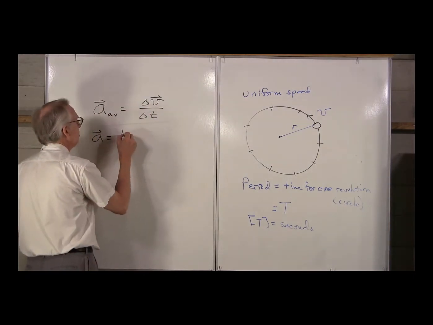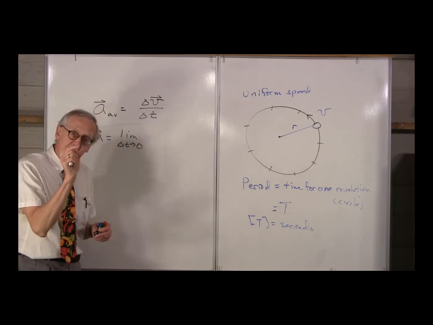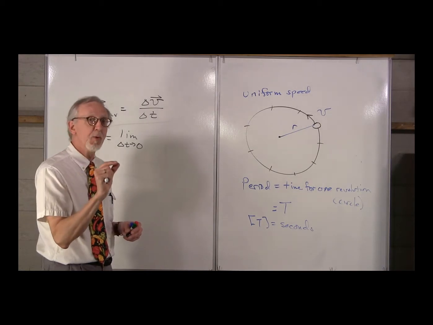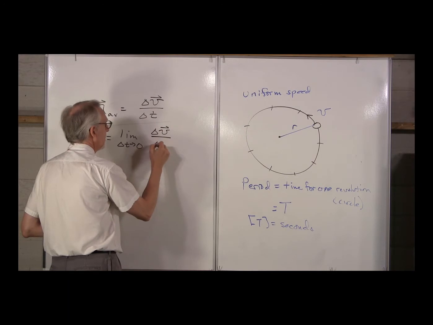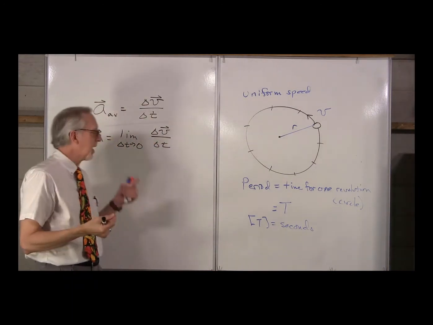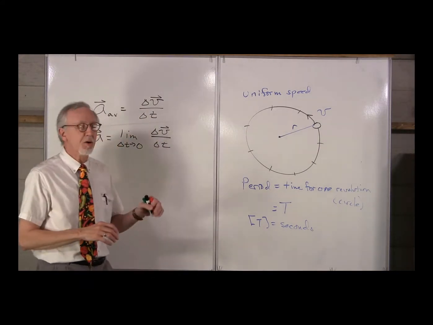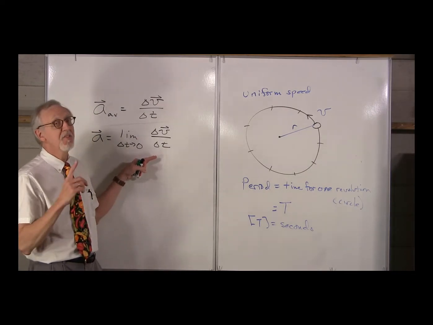If we could imagine the limit where our time interval got so small, infinitesimally small, essentially if it went to 0, then that ratio, delta v over delta t, became the acceleration. And when we introduced this, I said, don't worry, we're never going to use this except for one time. Well, this is the time.